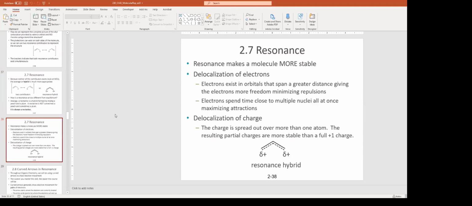Okay. So resonance always makes a molecule more stable. So whenever we can delocalize electrons like this, it means that the electrons can be spread out over greater volumes, over greater numbers of orbitals. That means there's less repulsion at one spot or another, or less attraction.